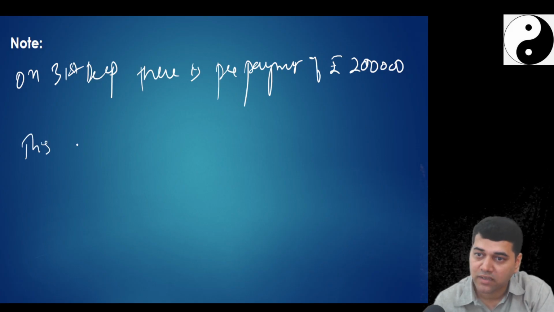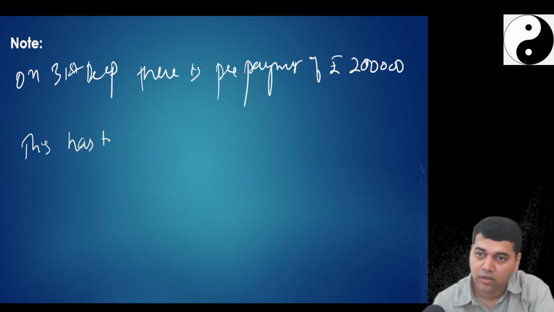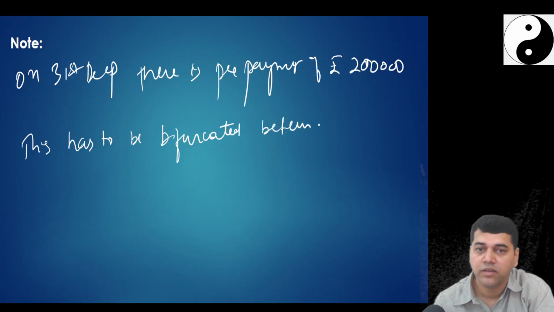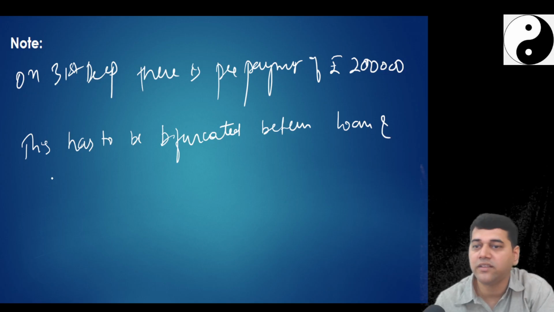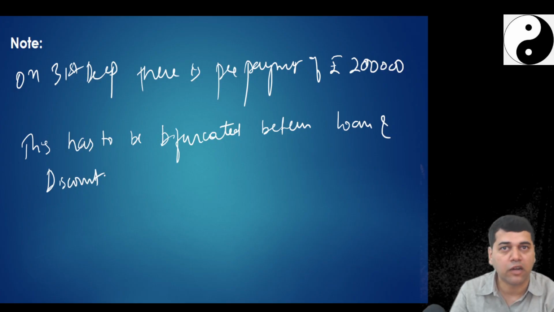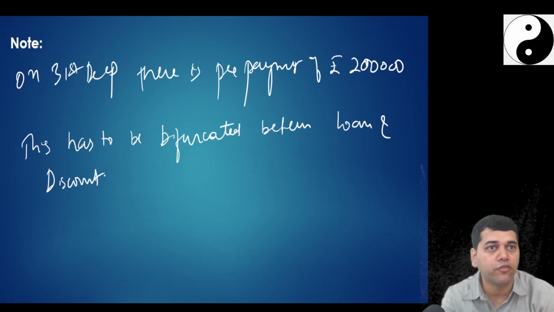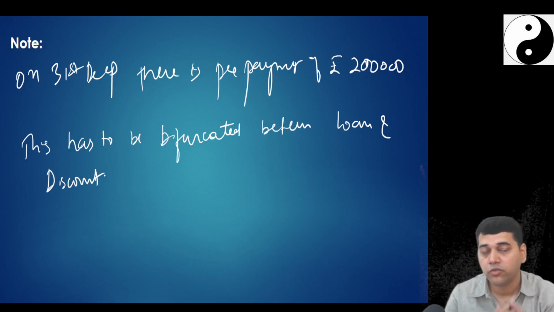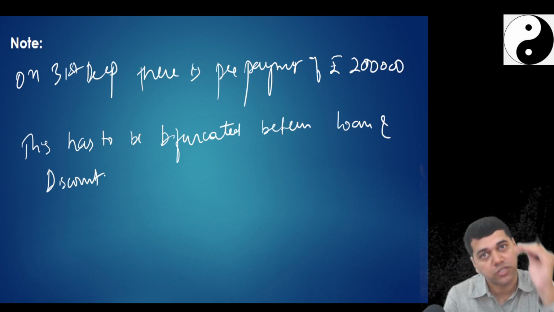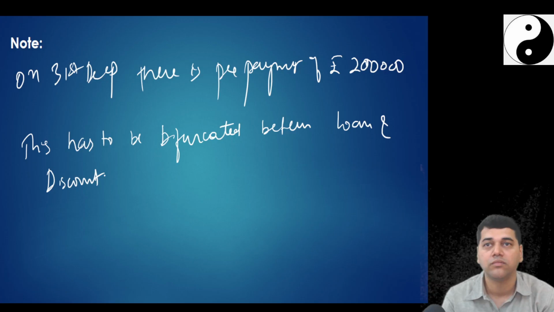This 2 lakh is bifurcated between loan and discount. Because when you gave the loan, you gave one bifurcation, no? I gave 10 lakh, out of 10 lakh, 8 lakh 50 is my fair value of the loan, 1 lakh 50 is the discount.